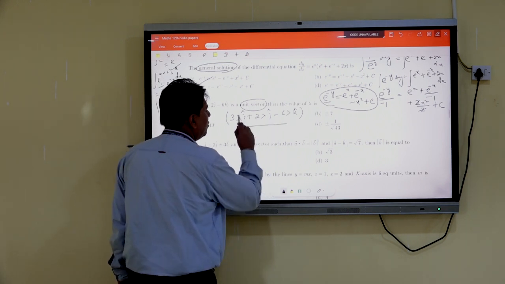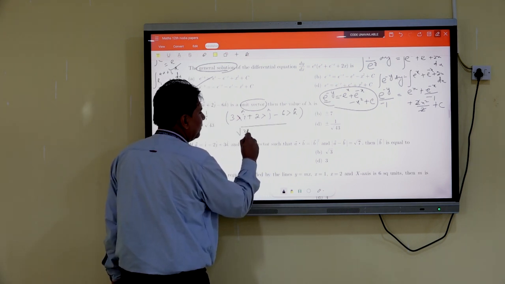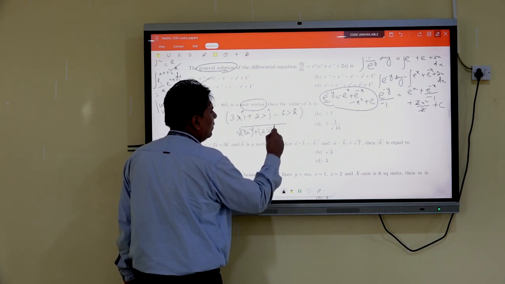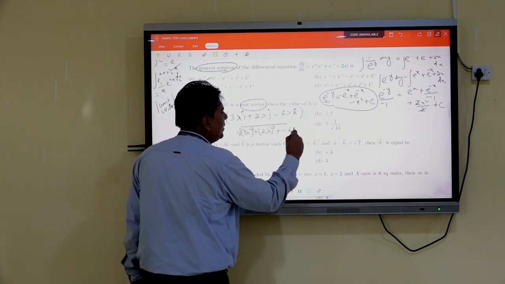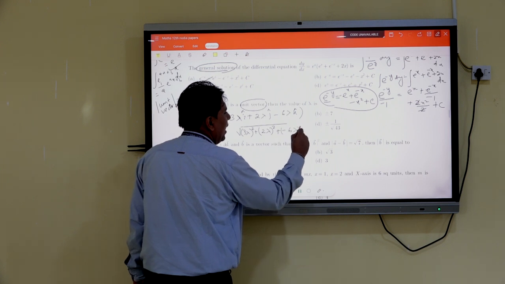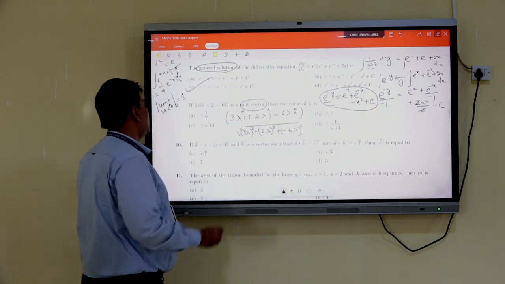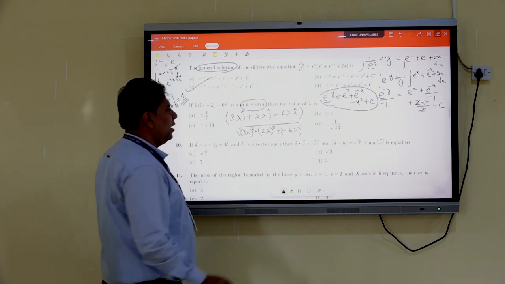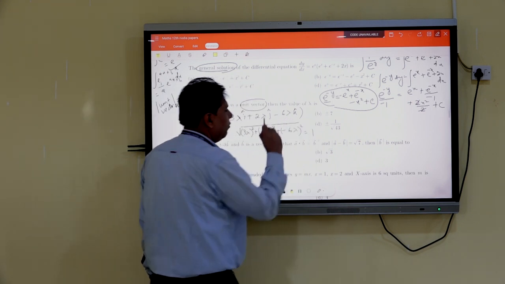Square root of 3 lambda square plus 2 lambda square plus minus 6 lambda square. And its magnitude should be equal to 1.